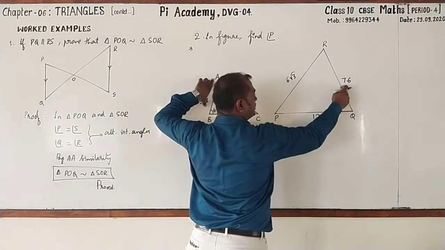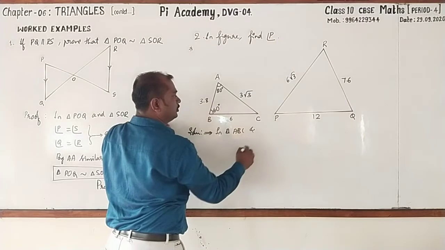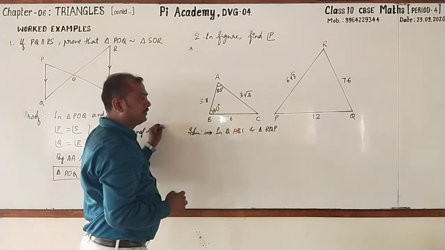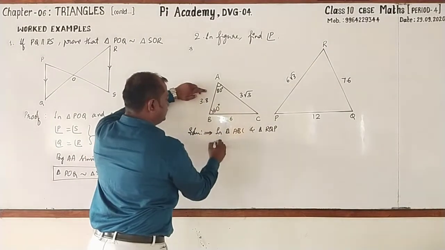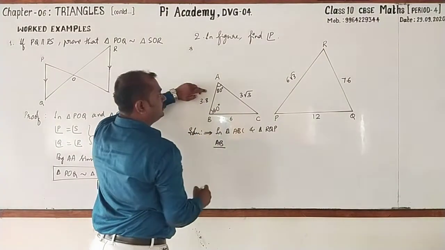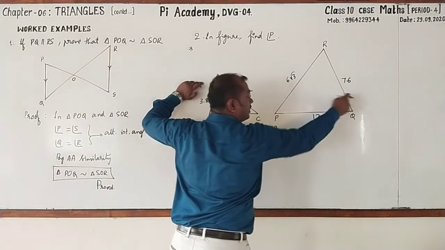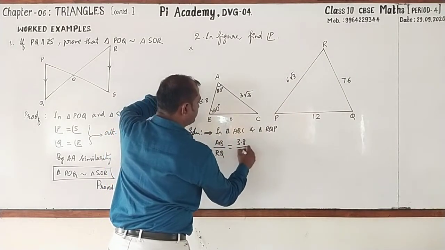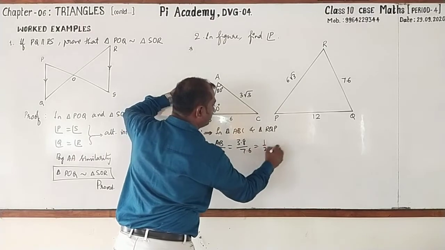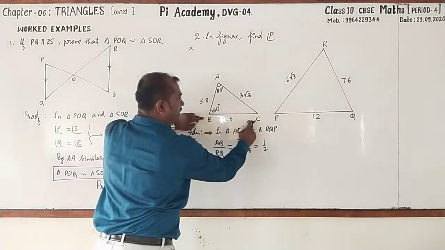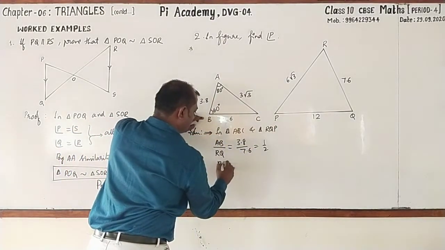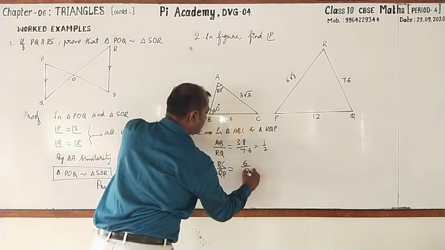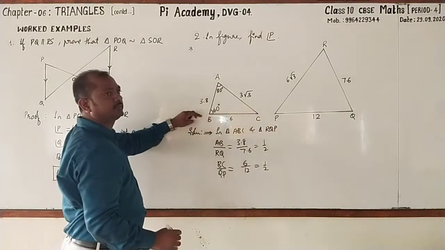Here 7.6, 12. I'll take RQP. In triangle RQP, here I'll write AB by RQ. AB by RQ is 3.8 by 7.6, it is 1 by 2. Then BC by QP, this is equal to 6 by 12, equal to 1 by 2.